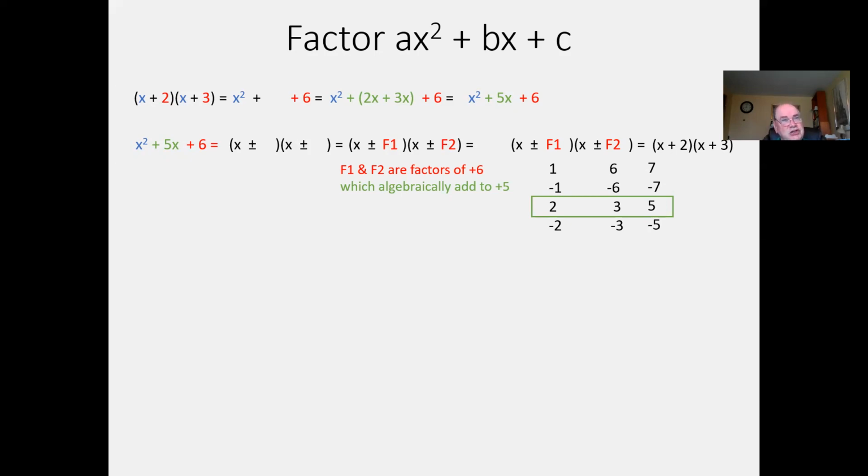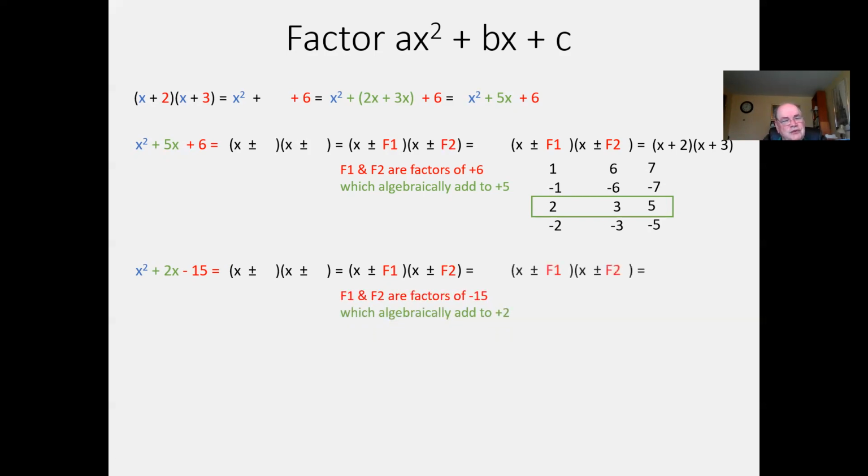You just need to practice this. I promise you, at one time, you were quite good at this, but you may not have thought about this in so long. Let's try another. Okay. We're looking at a -15 with a middle term of 2. We set up our algorithm. We are looking for the factors of -15, which will algebraically add up to a plus 2. What are the factors of -15? Well, there's 1 and -15. There's the opposite, -1 and plus 15.